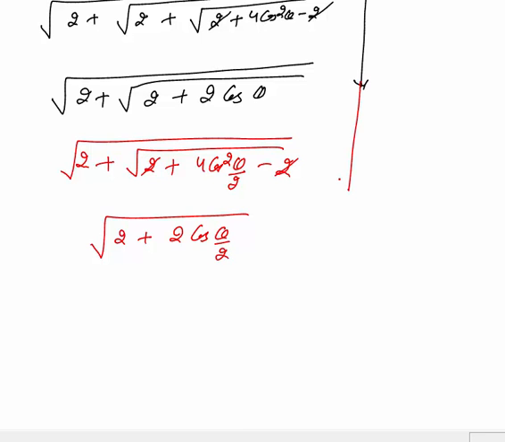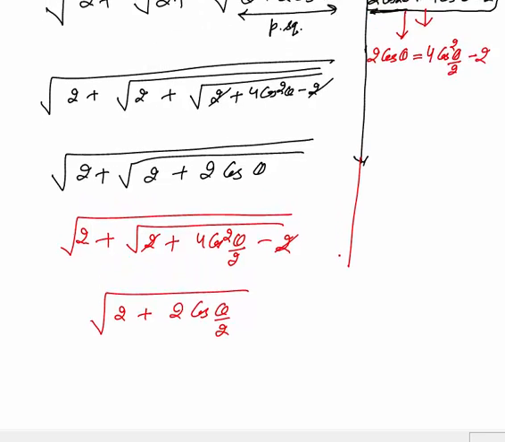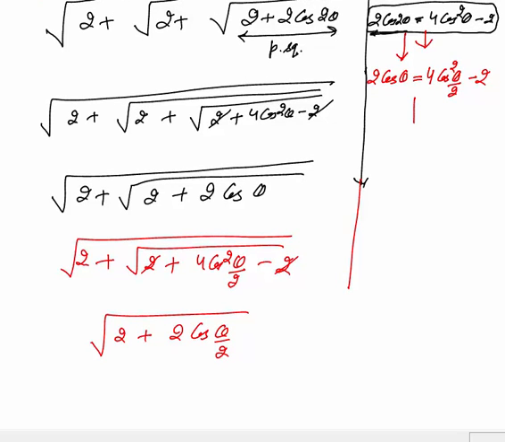Again you need to use this very concept. Again make the angle half. 2 plus 2 cos theta by 2 will be equal to 4 cos square theta by 4 minus 2. I have done the angle half on both sides. I made theta by 2 as theta by 4.